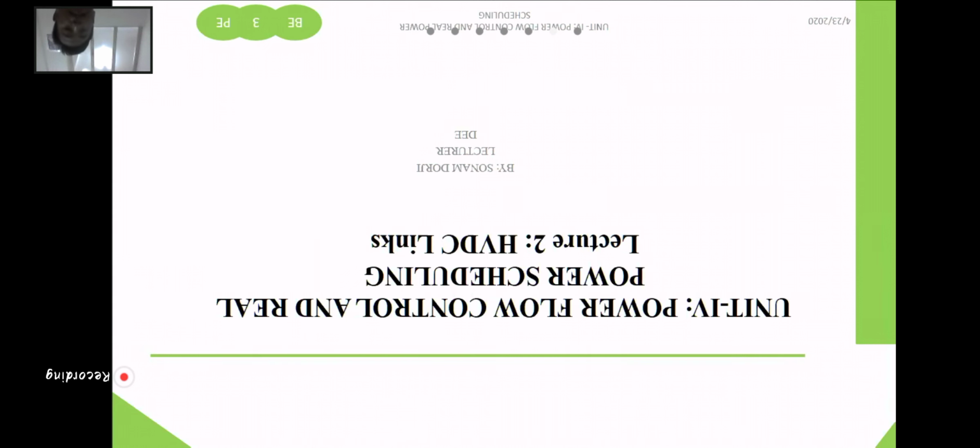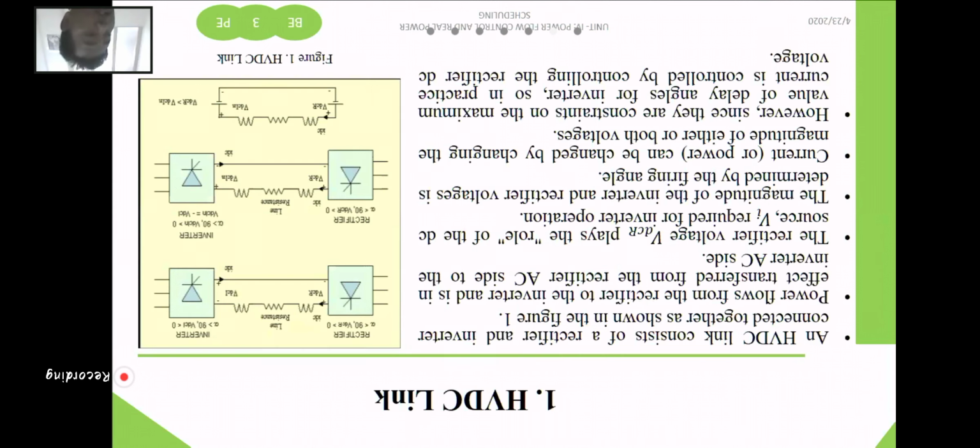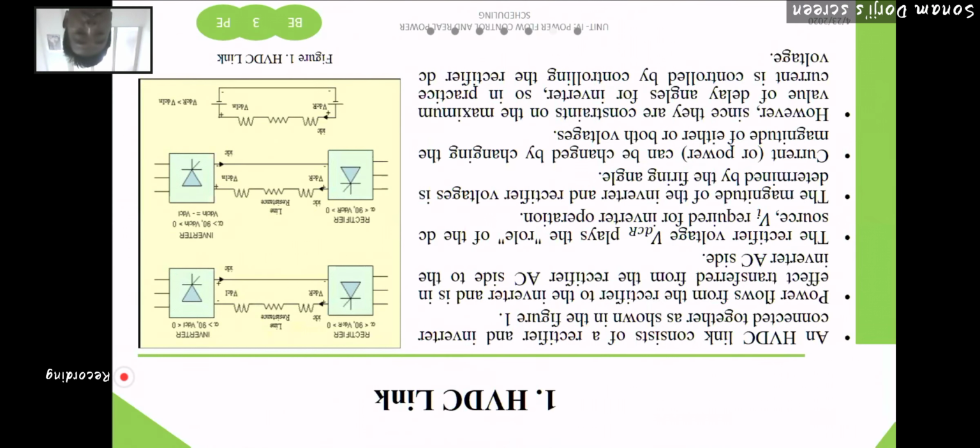Now you know that if you transmit the power through DC, it is much cheaper. It is cheaper if there is a substantial distance, which means more than 500 kilometers, so it becomes a long transmission line. But it is costlier for a short transmission line.